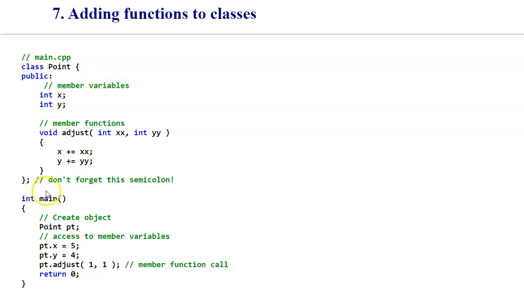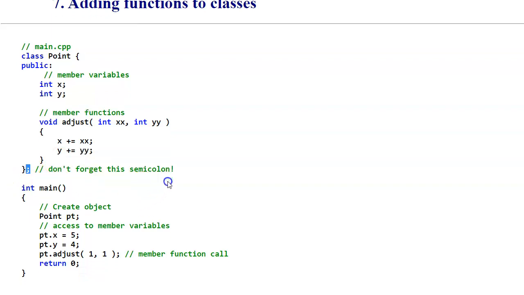And you know that we normally use semicolons at the end of declarations. So this also applies to declarations of classes like this. And just don't forget the semicolon. And this is an example of using this point class right here to create an object and calling a member function like this to make some adjustments to the initial coordinates.